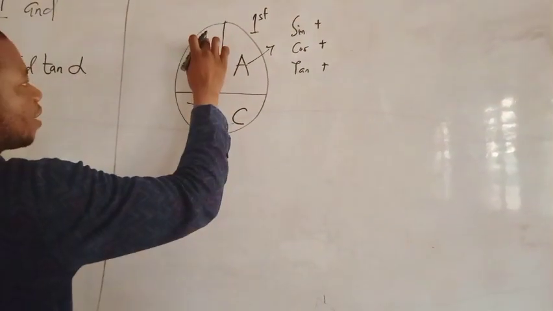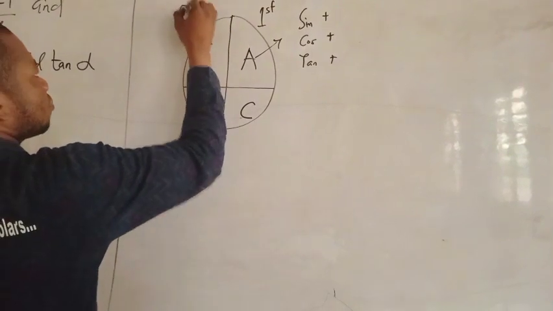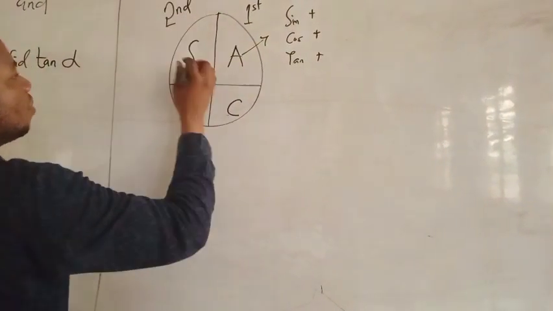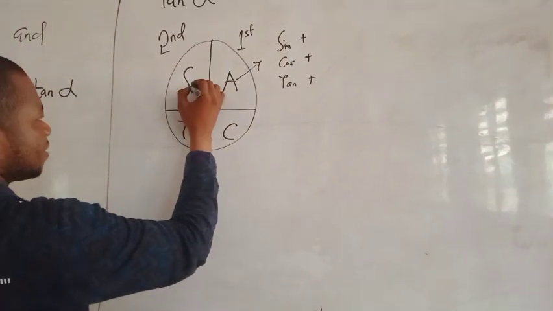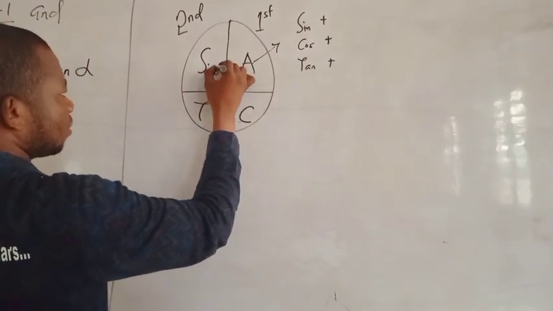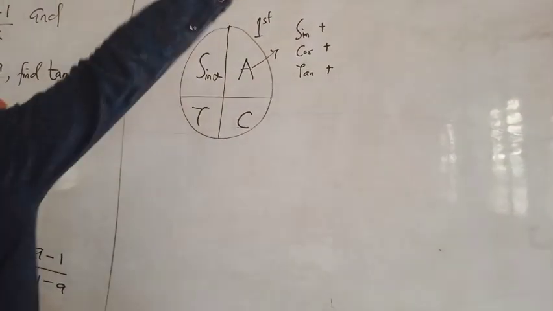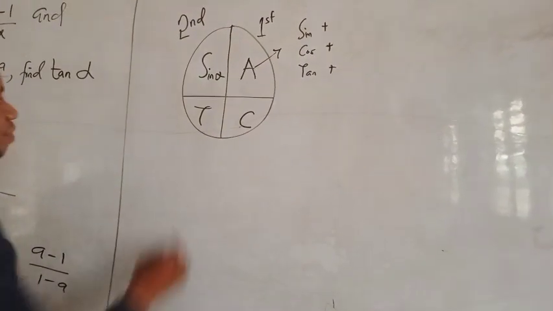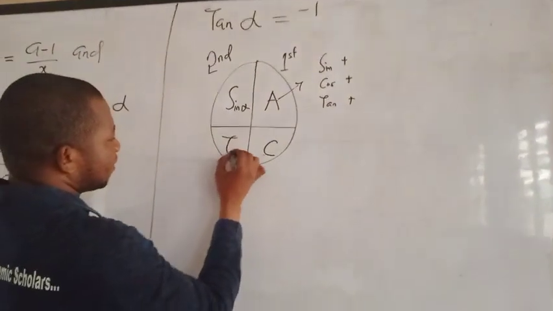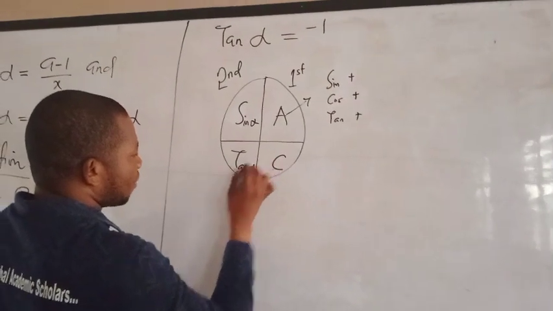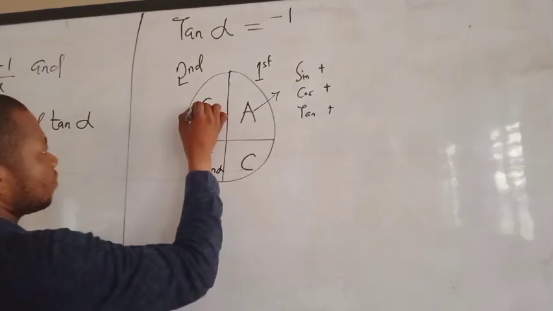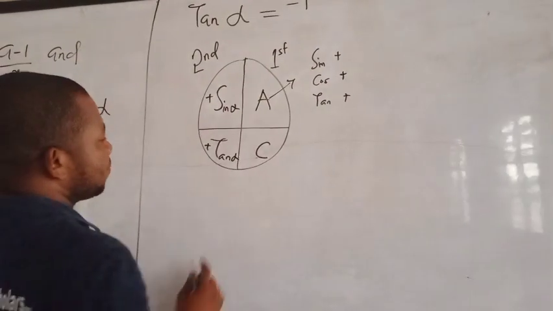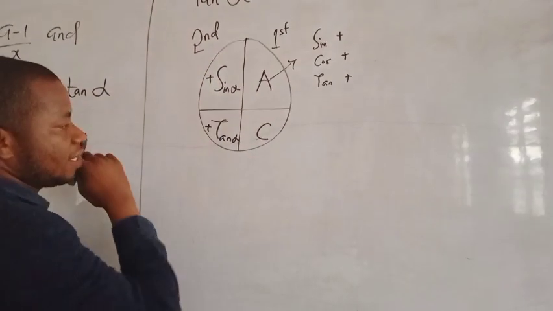Coming here, this is our second quadrant, meaning that this S means sine, it is only sine alpha that is positive, all other ones are negative. Then this T here means tan alpha, it is only tan that is positive here. So every other one is negative.